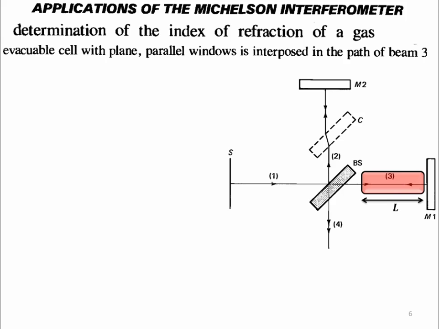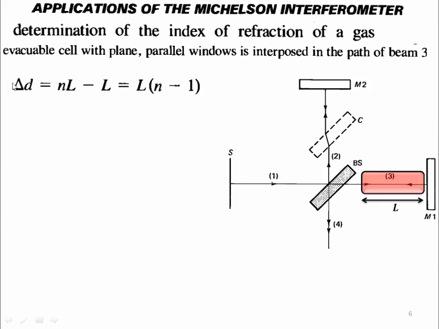Suppose L is the length of this evacuable cell, then the path difference which comes because of the gas filling in the cell will be the additional path difference which the beam traveling along, say, path 3 shall be getting.